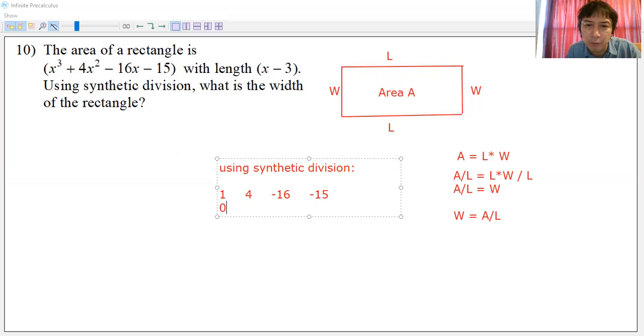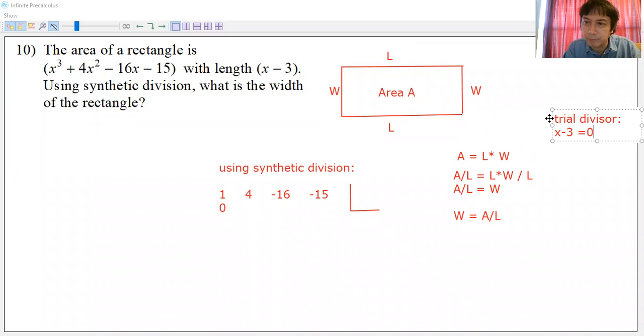Our first add-in is 0. The trial divisor will be written at the right side. Our trial divisor, x minus 3 equals 0.